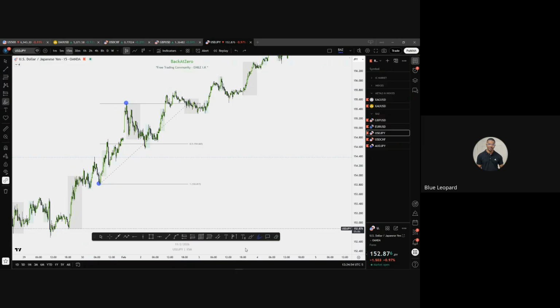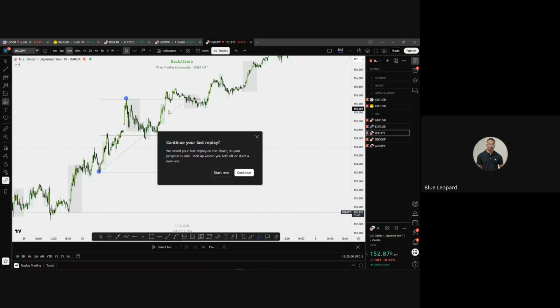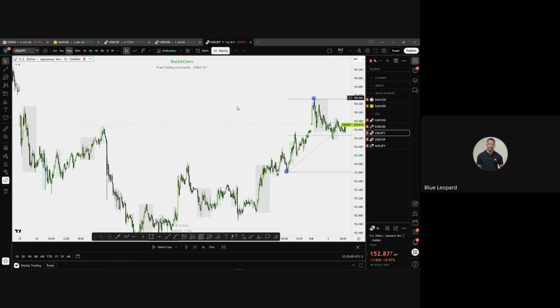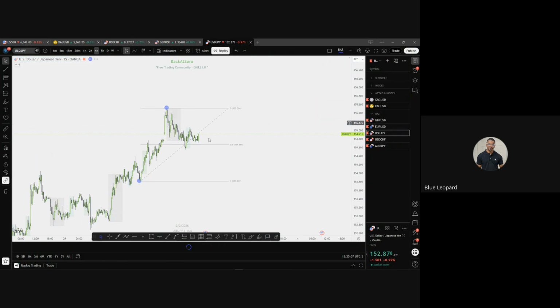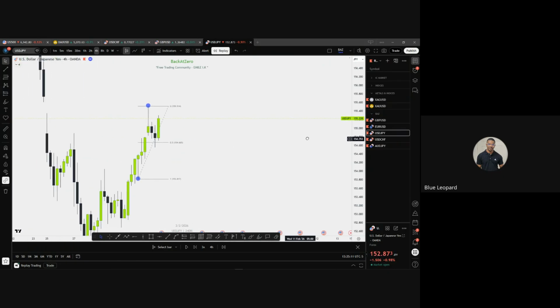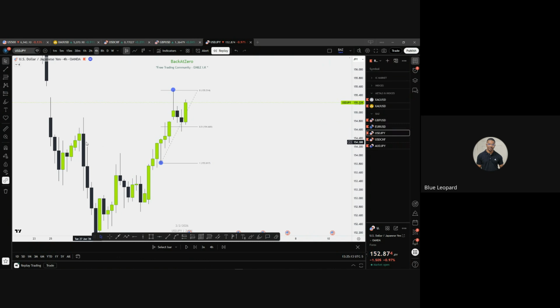Point of interest, it's internal range and external range liquidity. Most of the time, you will find them on a higher time frame. If I go here, the same move that I just showed you, let's look at it on H4. What do we have on H4? We have a retracement inside this line here.